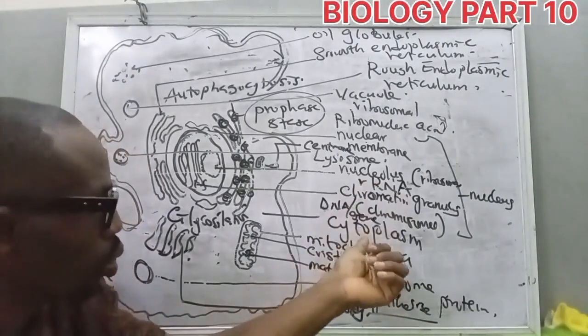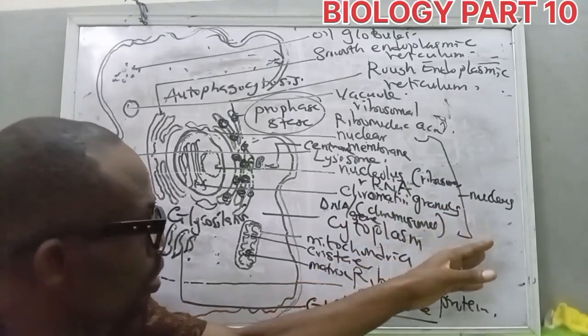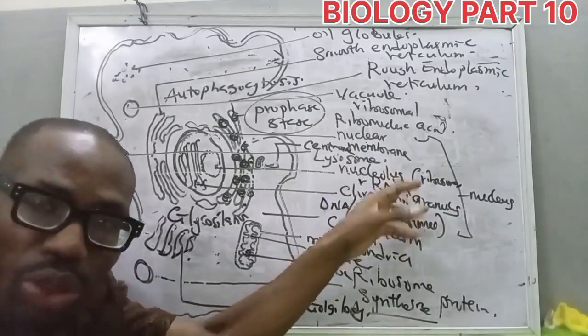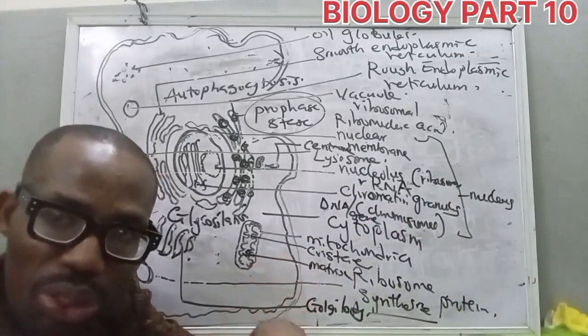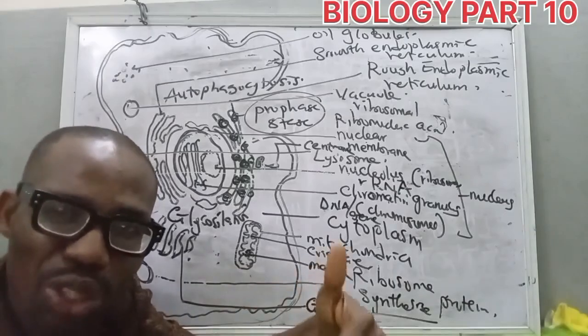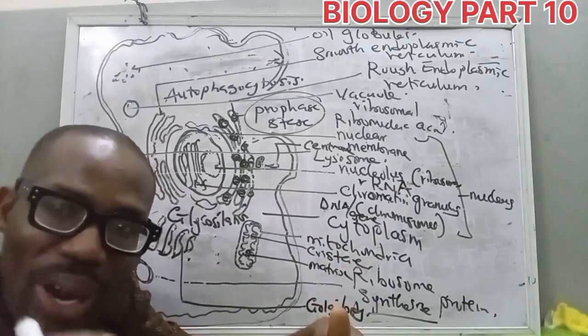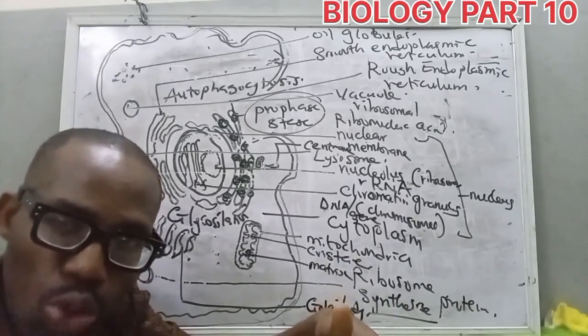Okay, I also told you the cytoplasm. I've explained that in the previous video. And I told you the nucleus. In the nucleus, you have what we call nucleolus. Nucleolus simply means little nucleus. And the nucleolus is responsible for forming some parts of the ribosome by producing what we call rRNA. That small r means ribosomal ribonucleic acid.